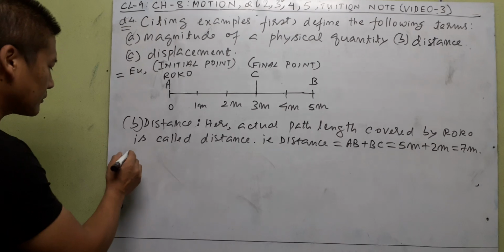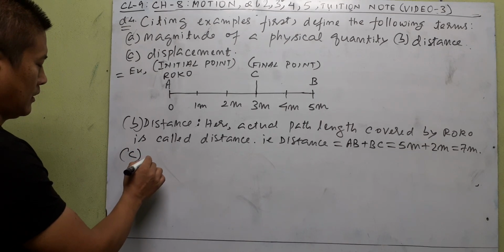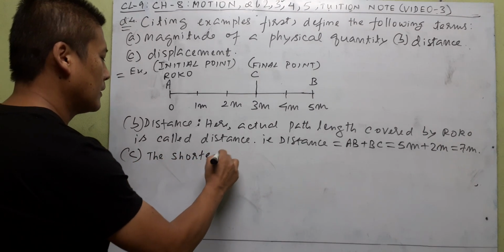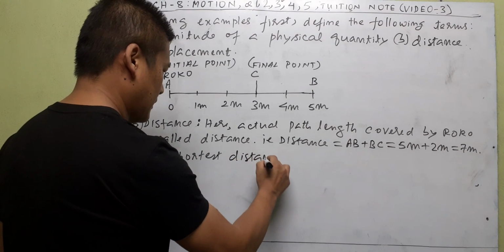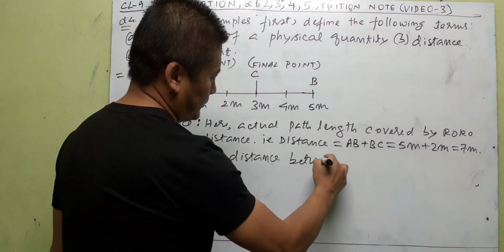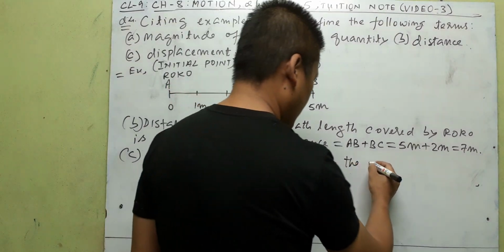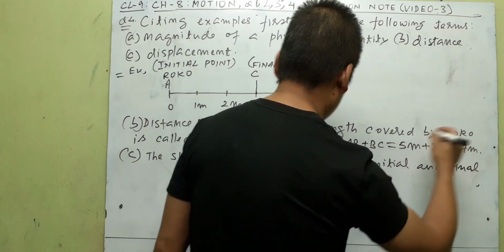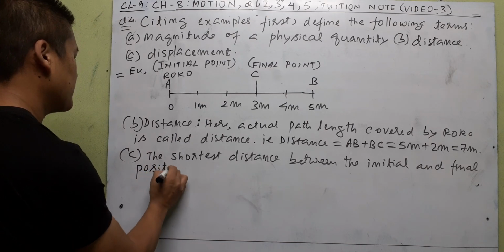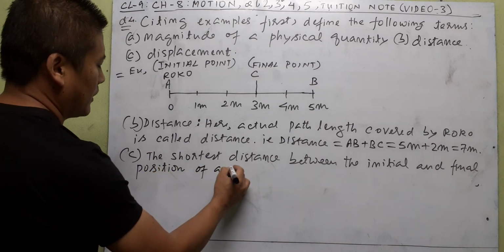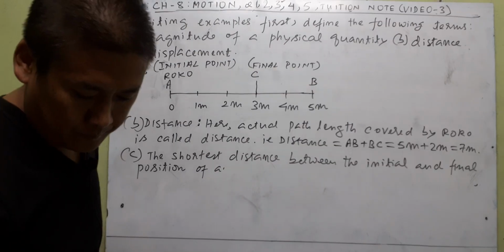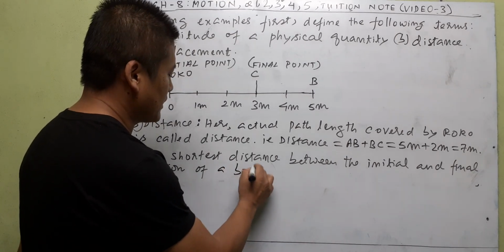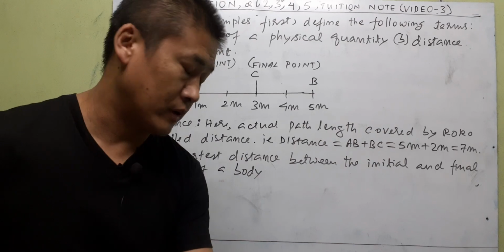Okay, next, let us go to C then. So the shortest distance between the initial and final position or point, whatever you can use, position of a body or object, in this case a moving body like Rocco swimming across the pool, okay?